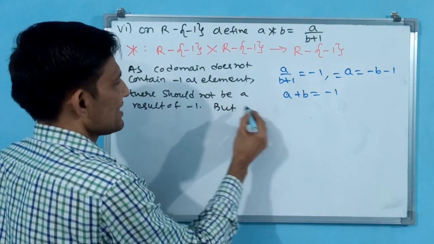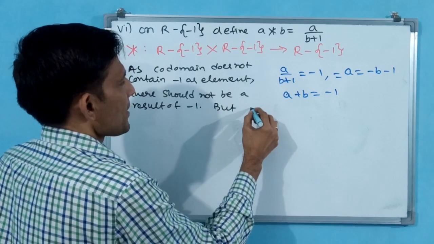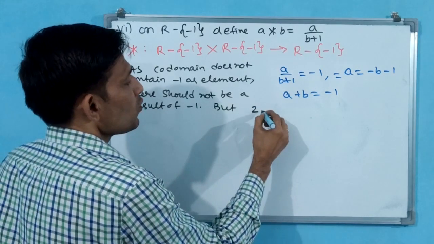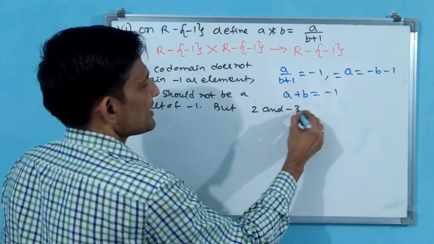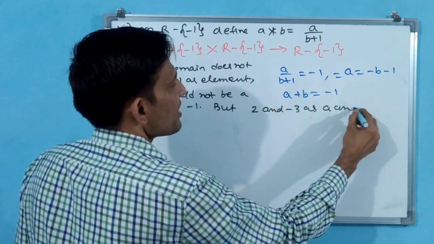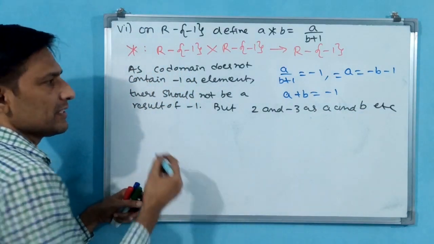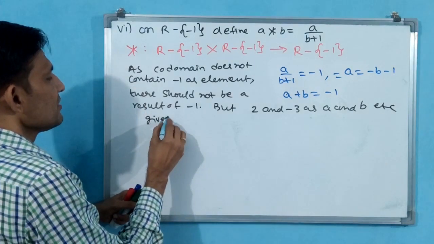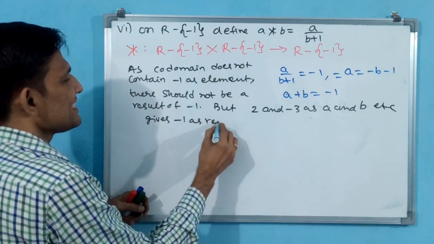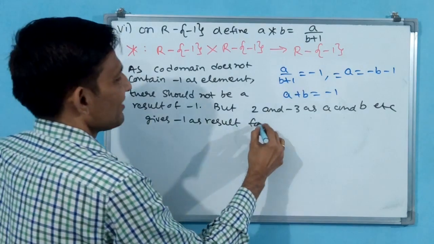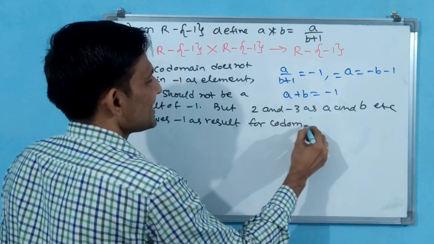But 2 and minus 3 as A and B, etc. Why? Because not only these two, several are there, etc. They give minus 1 as a result for the codomain.